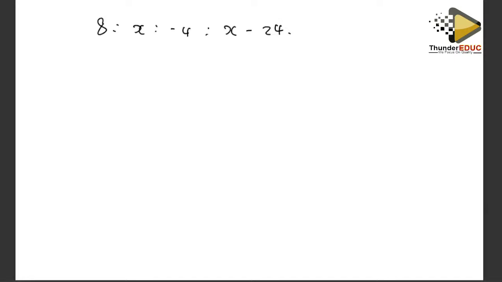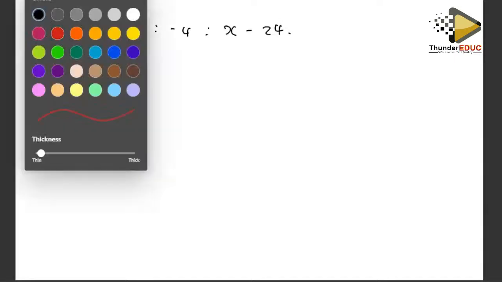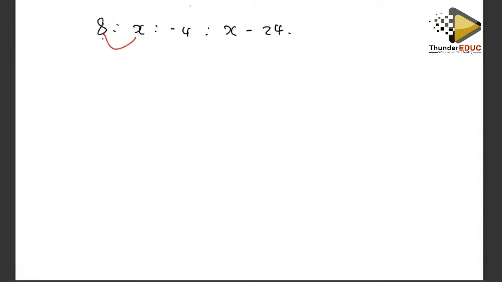Meaning that if we are trying to find the first difference, it's going to be T2 minus T1, so x minus 8. For the next first difference, it's going to be negative 4 minus x. For the next one, it's going to be x minus (negative 4), which is x plus 4. Sorry about that, this one is one term, it's not two terms.